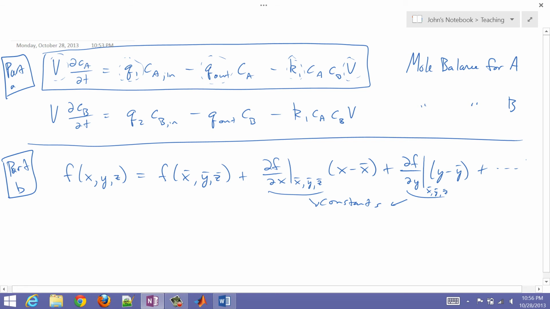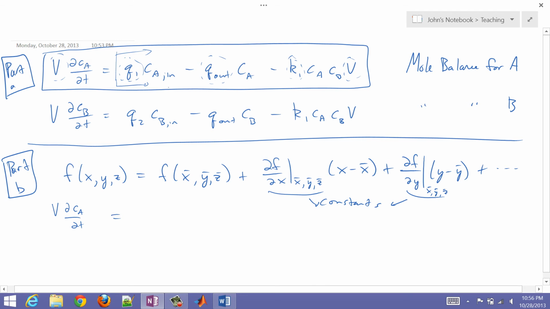So I'm going to linearize the right hand side of this expression. That's going to become my f of all these different variables, and then I'm going to plug in steady state conditions. I have V dCA/dt. I don't need to change that on the left hand side. I'm just going to linearize the right hand side.